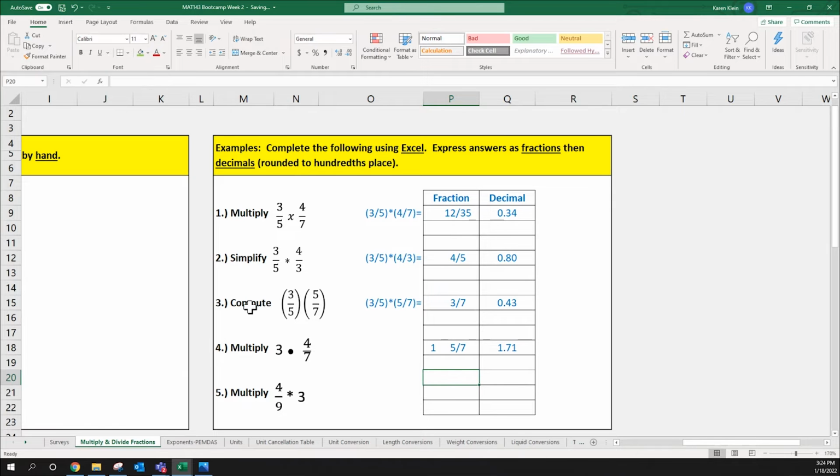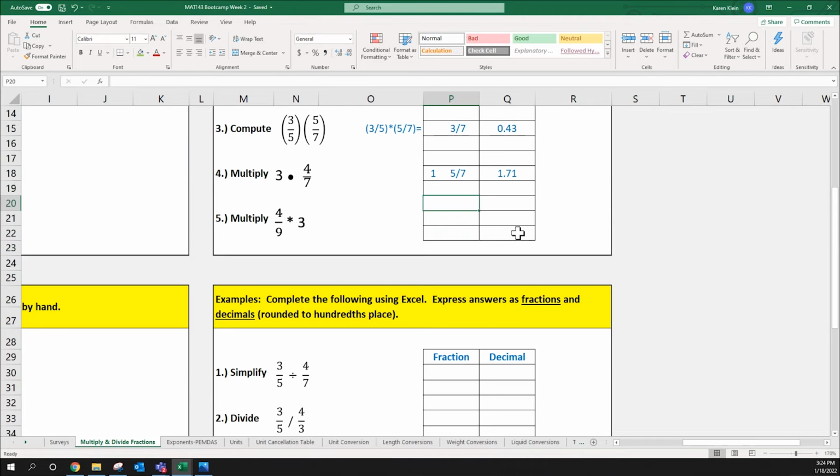All right, so the purpose of this was to show you how to multiply, divide by hand, and also how to multiply. And we're also going to look at divide fractions using Excel. Are there any questions about using Excel to multiply?